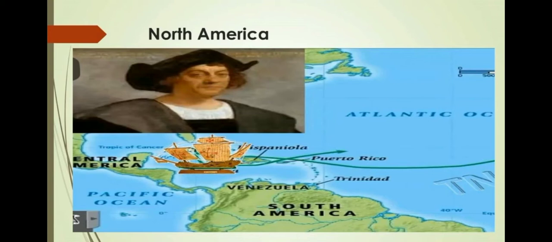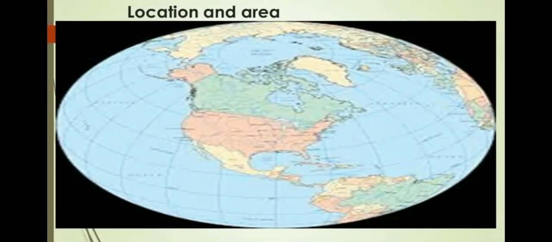In this lesson we will learn about location, boundaries, relief features, rivers, climate, natural vegetation, minerals and transportation. Location and area. The continent of North America lies between 7 degrees north and 84 degrees north latitude, which lies entirely in the northern hemisphere.